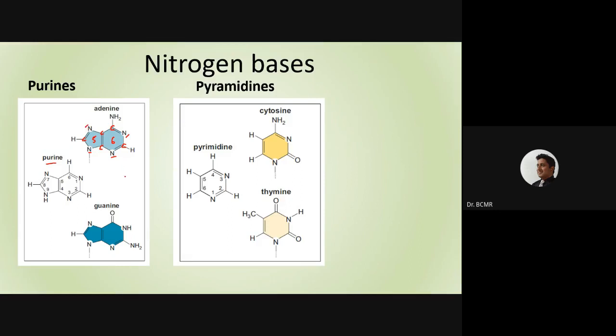One has to remember the purine structure. This is usually the purine structure. The numbering starts at this N: 1, 2, 3, 4, 5, 6, and then go 7, 8, 9. That is how you have to remember the position.